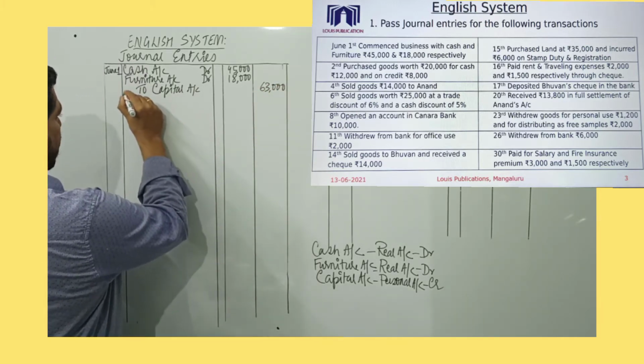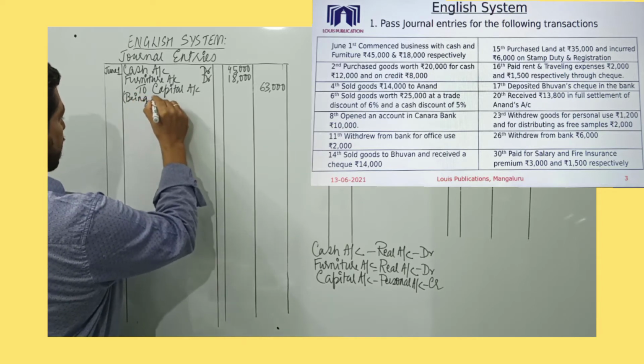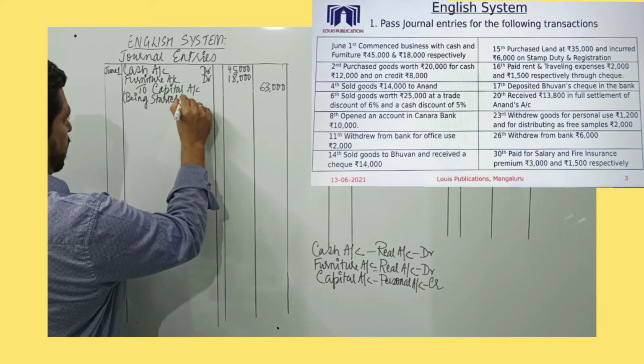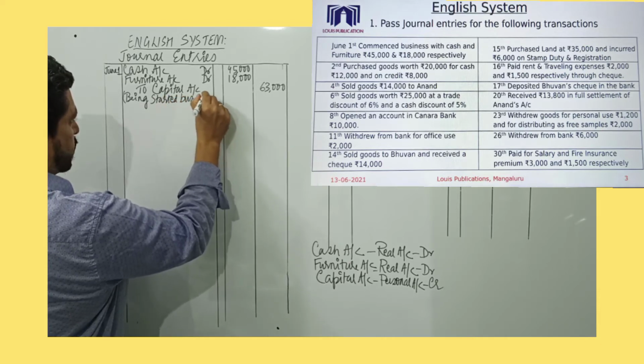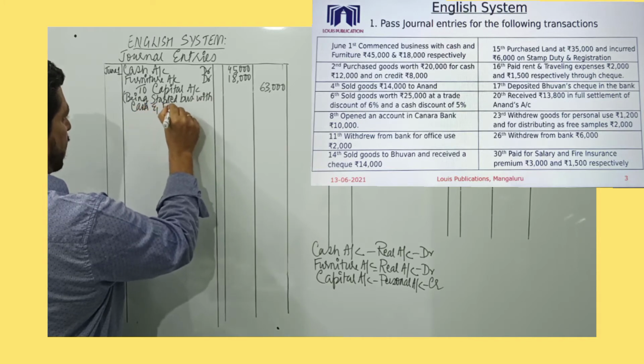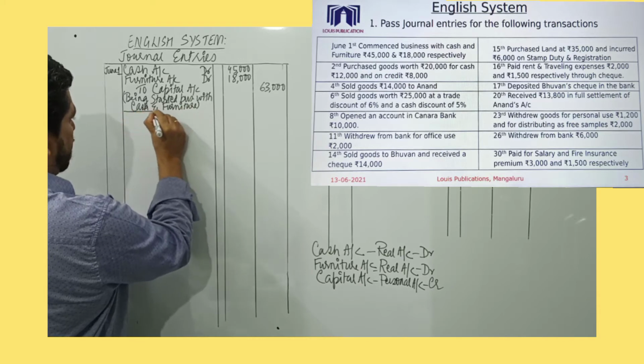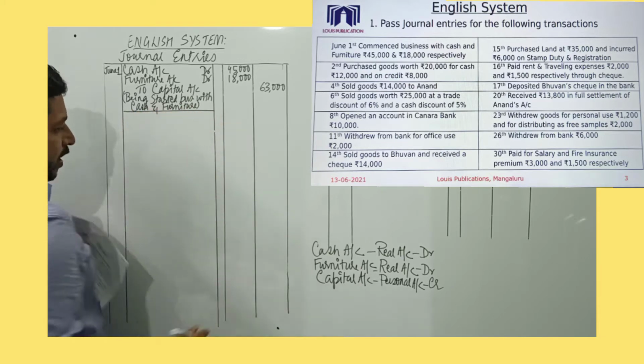As I said, journal entry is incomplete without narration. So I write being started business with cash and furniture. So it is very important that the narration explains the journal entry. So this is the first journal entry.